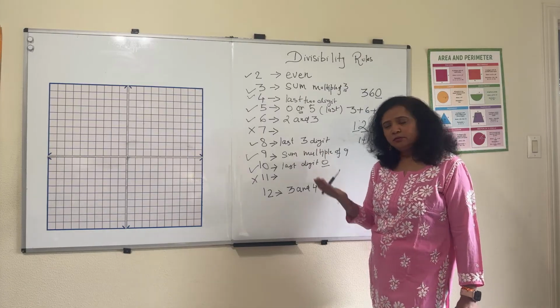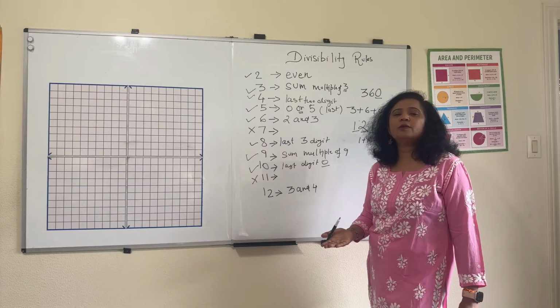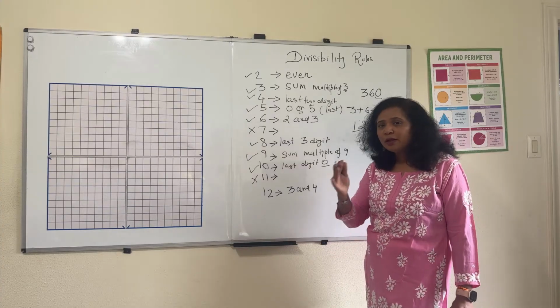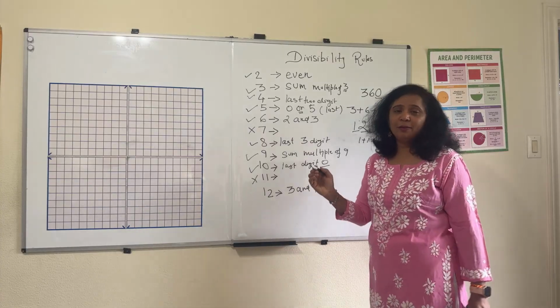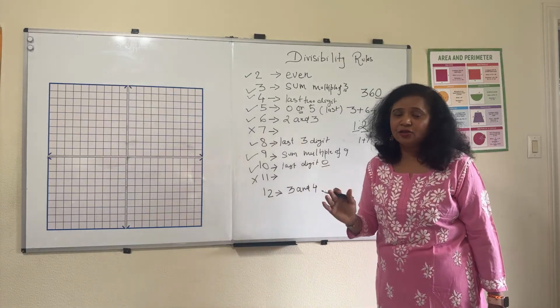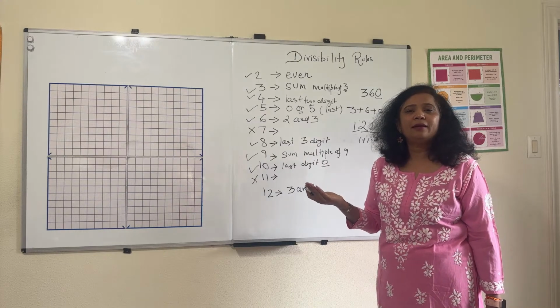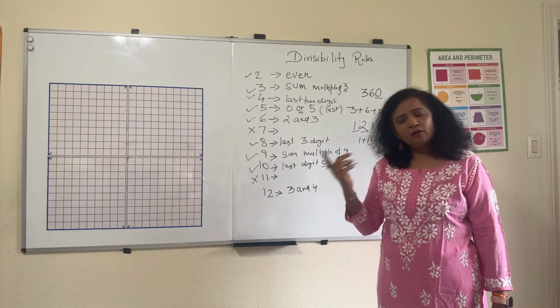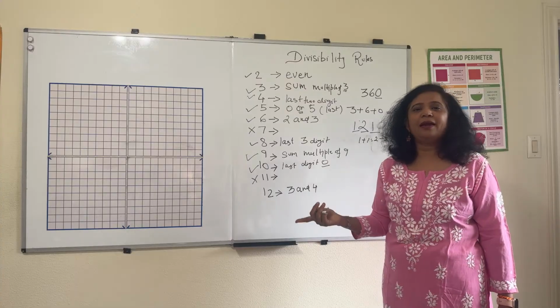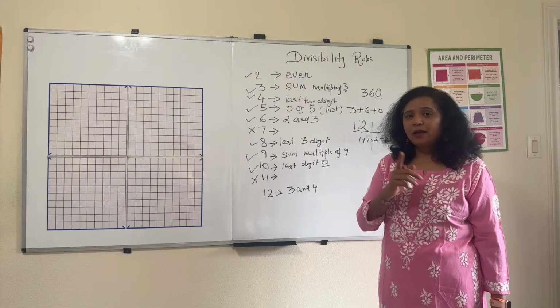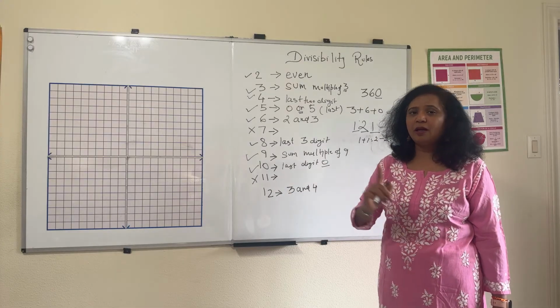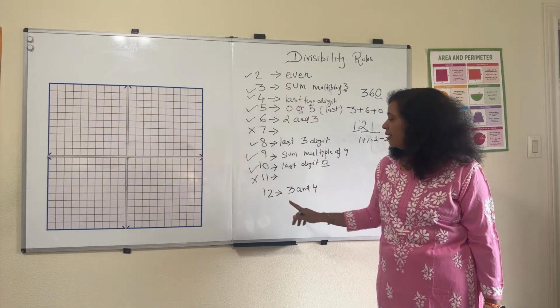If the last digit is 0 or 5, that number is divisible by 5. If only 0, then it is divisible by 10. Sum the digits, and if the sum is a multiple of 9, it is divisible by 9. Last two digits for 4, last three digits for 8. If a number is divisible by 2 and 3, it is divisible by 6. 3 and 4, it is divisible by 12.